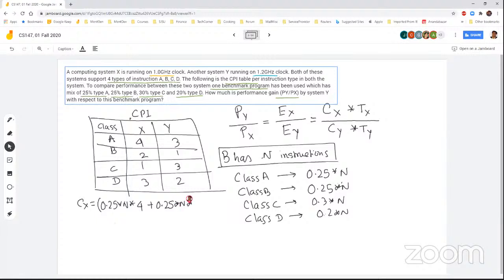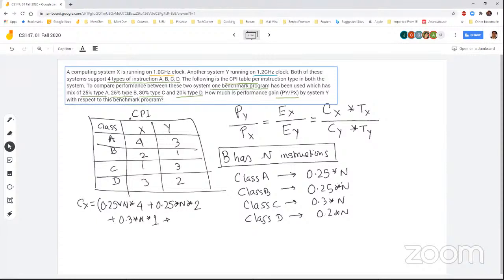Then we look at the CPI for B, which is 2, plus the next one, 0.3 multiplied by n multiplied by CPI of 1, plus 3.